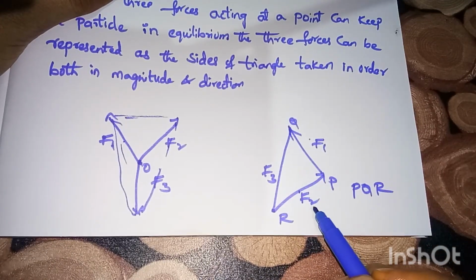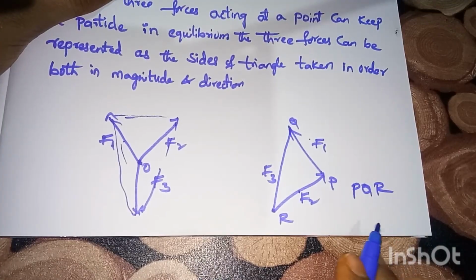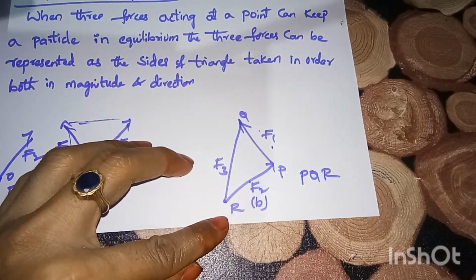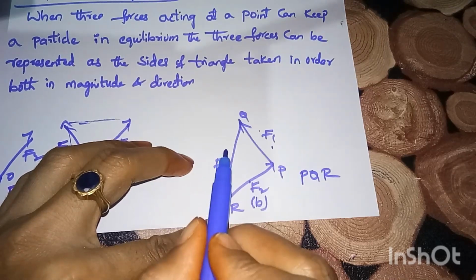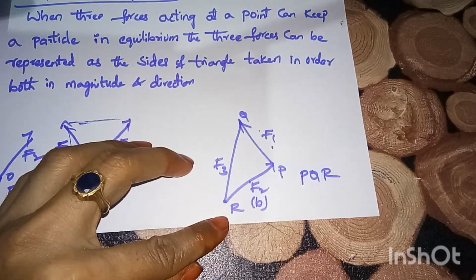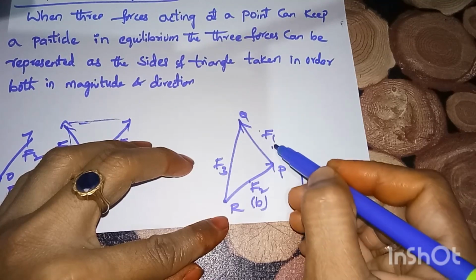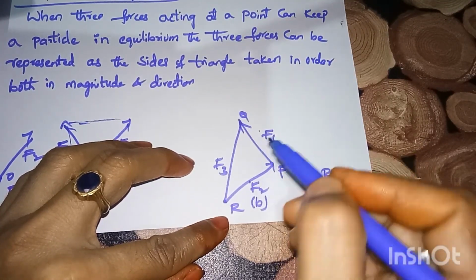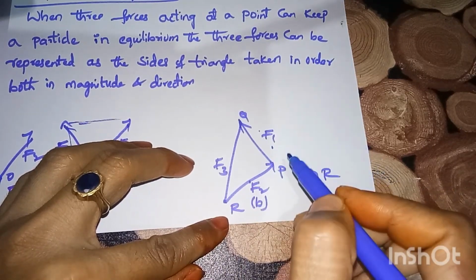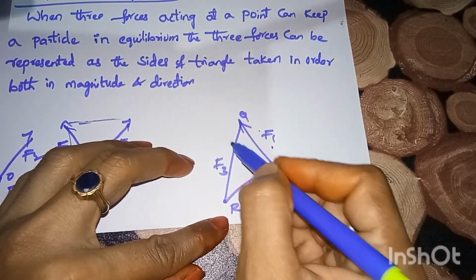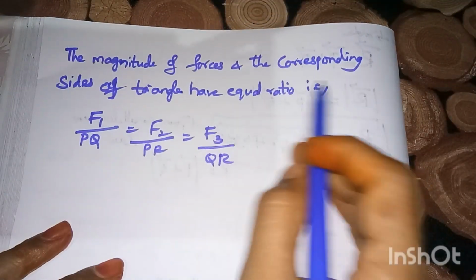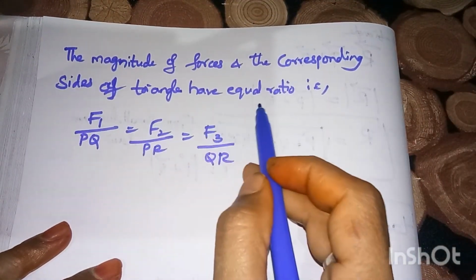F1, F2 and F3 are the forces applied. The magnitudes of the three forces correspond to the sides of the triangle, having equal ratios.